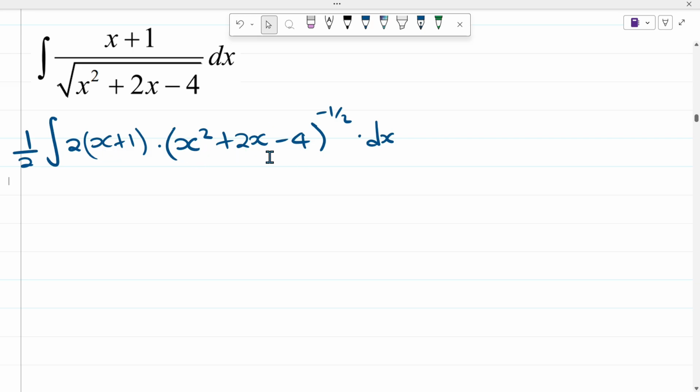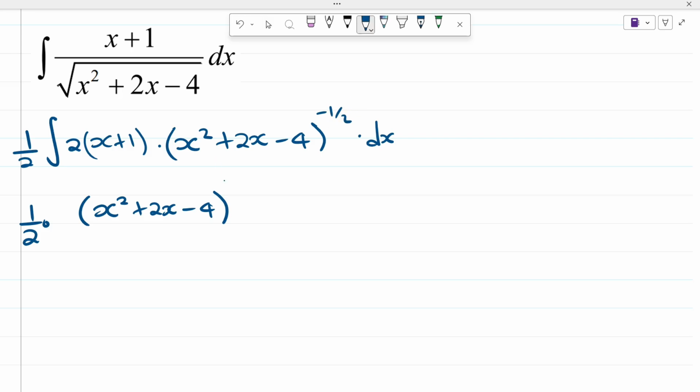So our answer for this is just going to be 1 over 2. This 1 over 2 is the one that is outside there, and then we multiply by the other thing. Now I apply my general power rule. It's going to be x squared plus 2x minus 4, and then I add 1 to the minus 1 over 2.